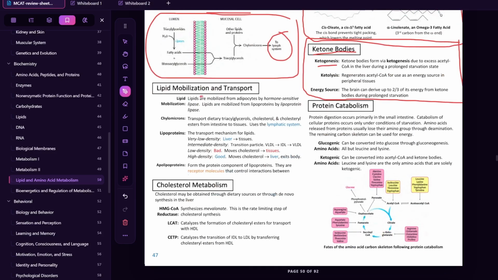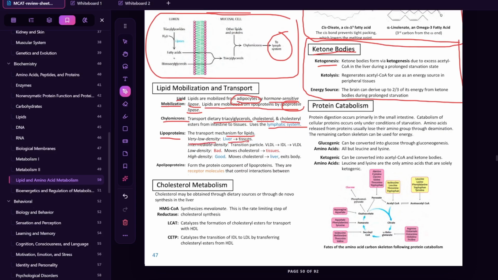Lipid mobilization and transport. So how do we get these lipids moving around? Lipids are mobilized from adipocytes by hormone-sensitive lipase. Lipids are mobilized from lipoproteins by lipoprotein lipase. So I feel like it said the same thing almost twice. Chylomicrons transport dietary triacylglycerol, cholesterol, and cholesterol esters from the intestines to tissue, and they use the lymphatic system. Lipoproteins are the transport mechanism for lipids.